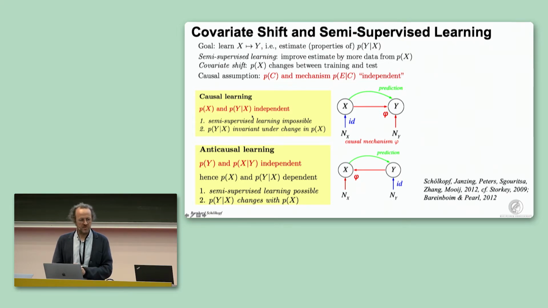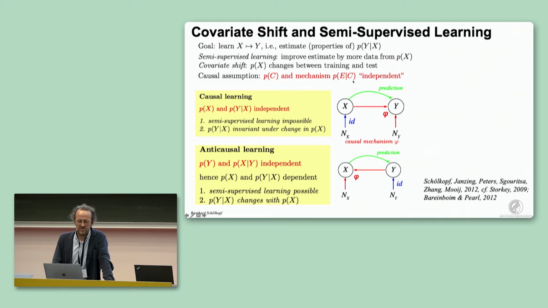But that's what semi-supervised learning is trying to do. In semi-supervised learning, we ask what if we have additional inputs, what if we know more about this, how can we improve our estimate of this? So the prediction would be that in the causal setting, semi-supervised learning should be impossible.